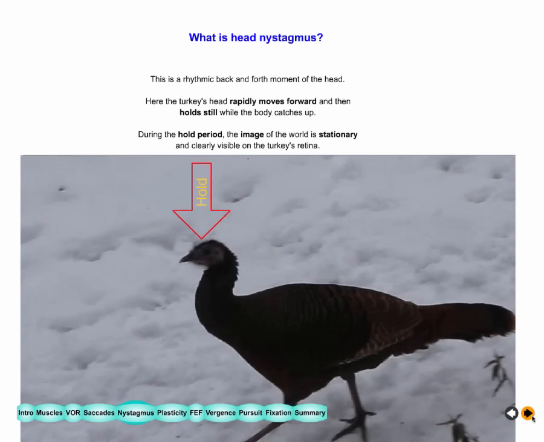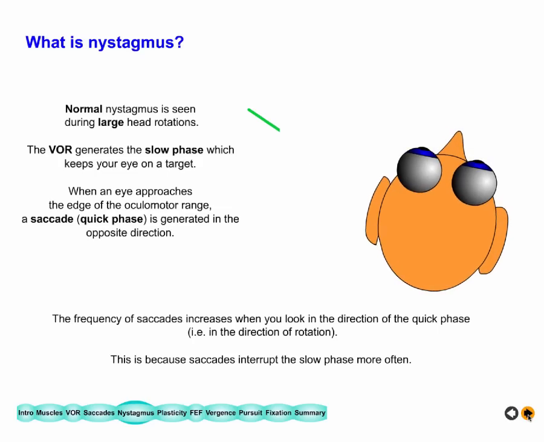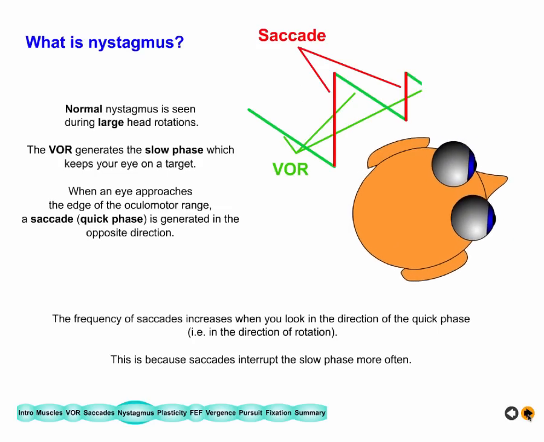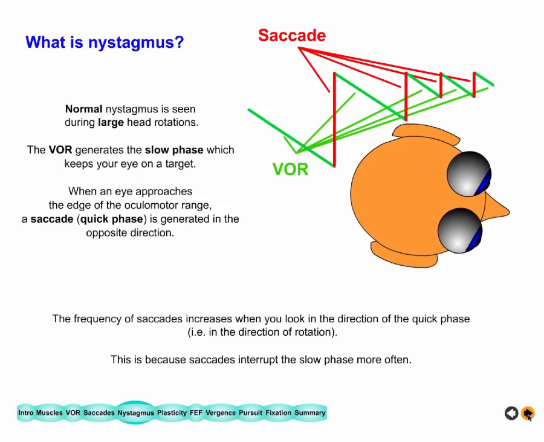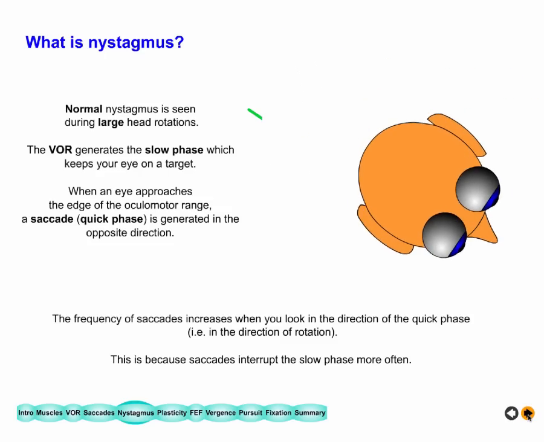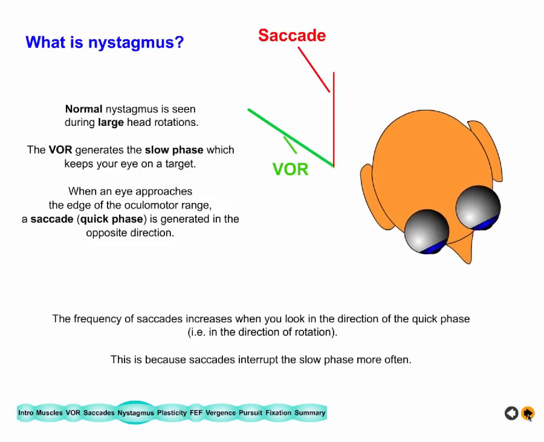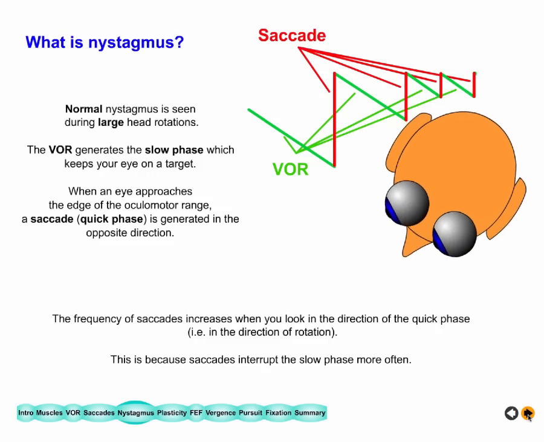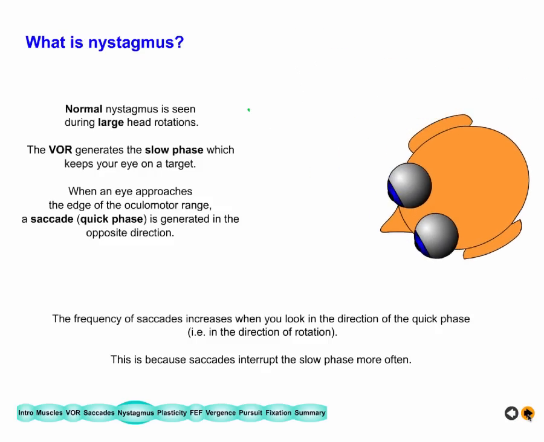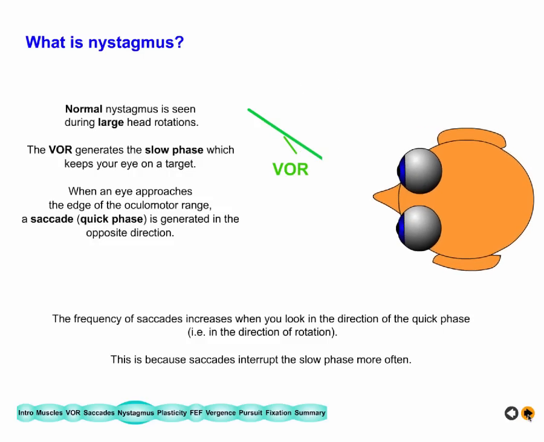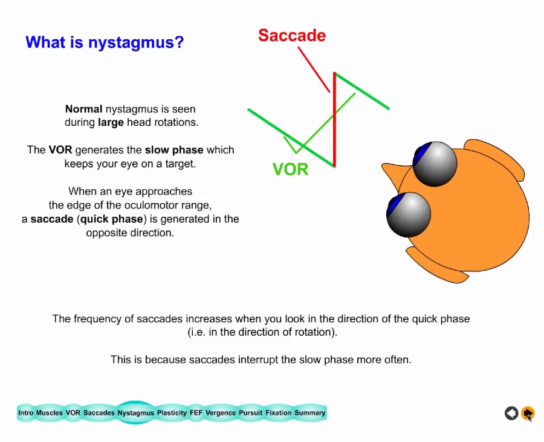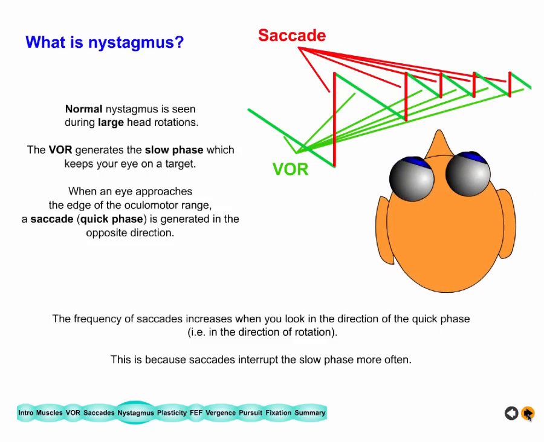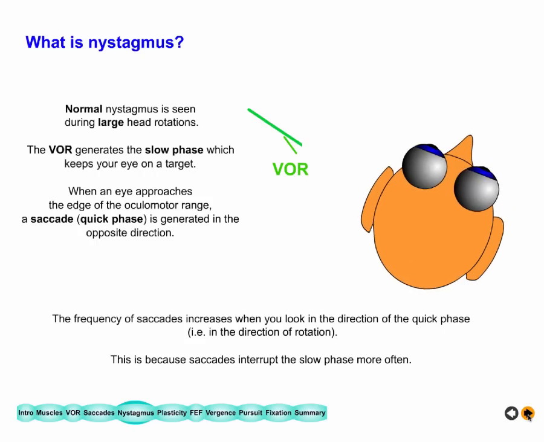Okay. So the same thing will happen in any view if you turn round and round. The eye will rotate as far as it can, like that head on the turkey, moving back as far as it can. And then when it can't move any further back, or your eye reaches the extreme position, you'll flick over, make a saccade to the opposite direction, and again lock in on the world and keep it stable as you turn your head.